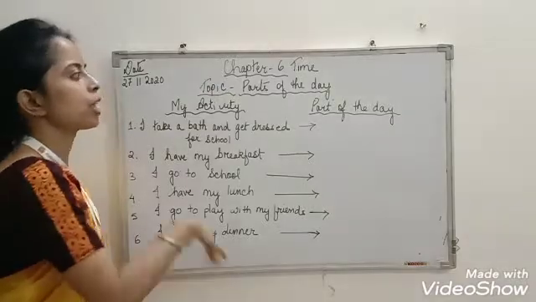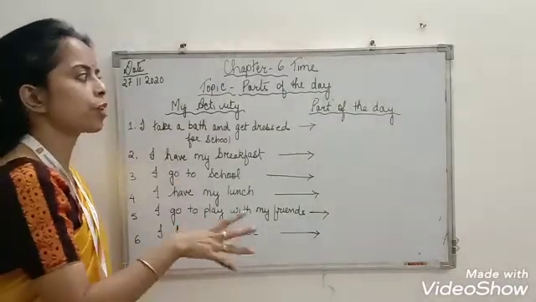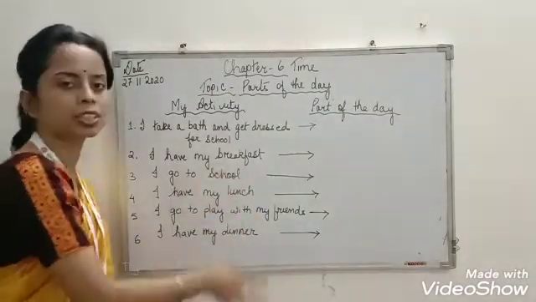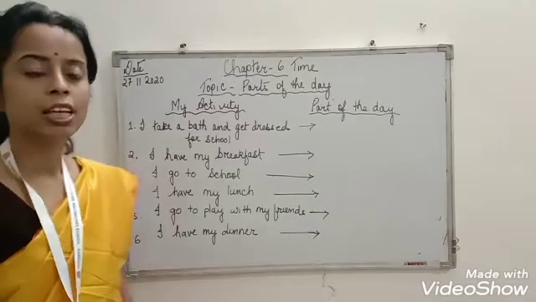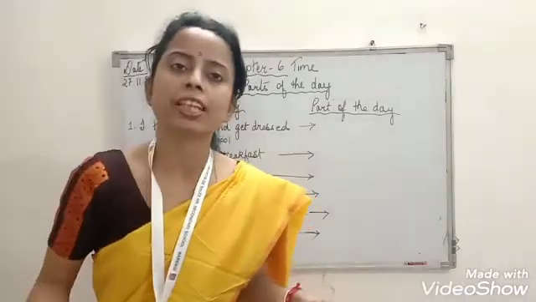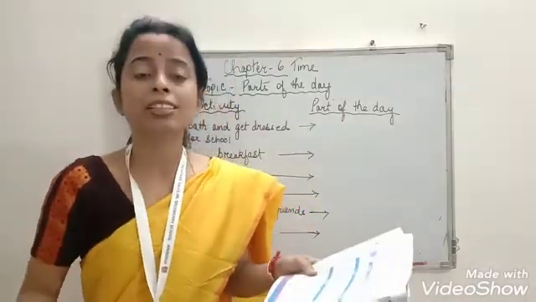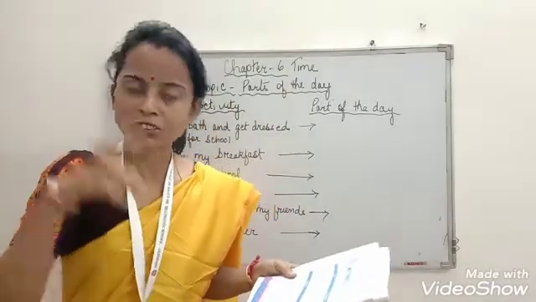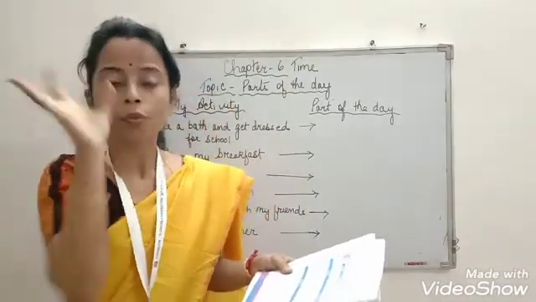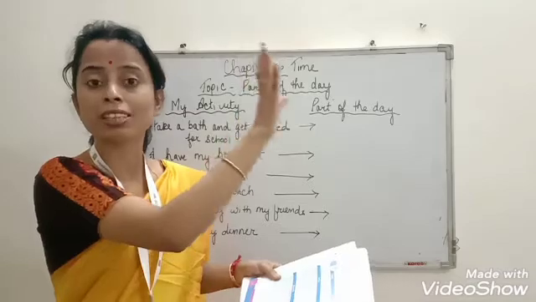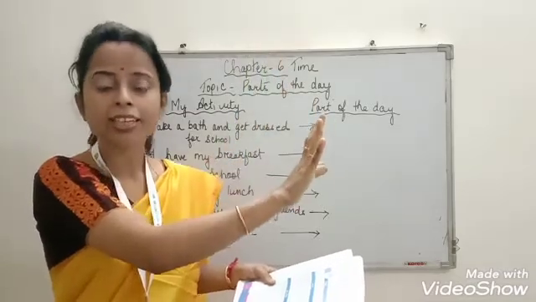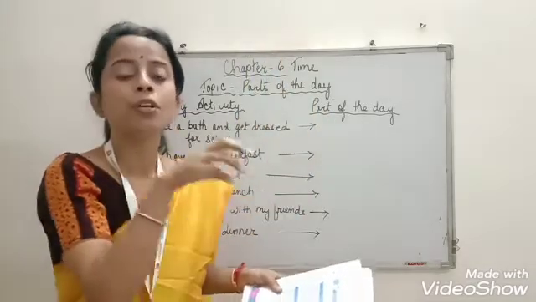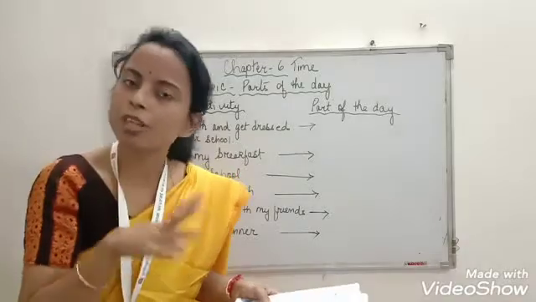So children, now we are going to find the part of the day when an activity is done. We do many activities in a day, and we do them in a particular order or sequence, from morning till night. We have learned the terms earlier and later, which activity we do earlier and which later.